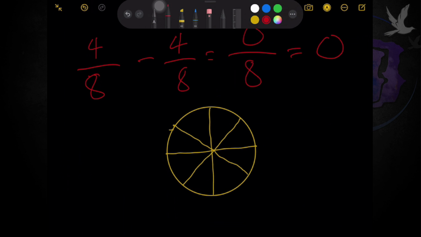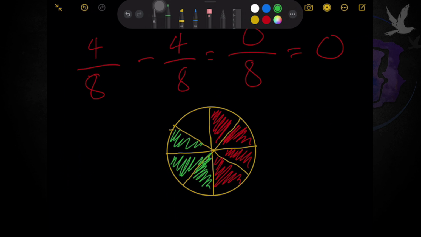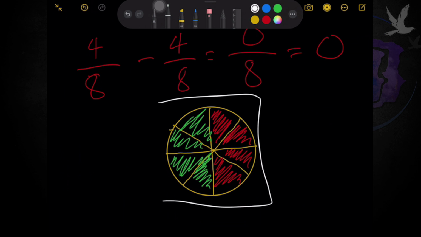Then, someone ate 4 out of 8. 1, 2, 3, 4 slices out of 8. Then, the other one ate 4 out of 8 as well. 1, 2, 3, 4. What's left out of the pizza? None. 0 out of 8. So, which means there's 0 pizza left. 0 slices of pizza left.